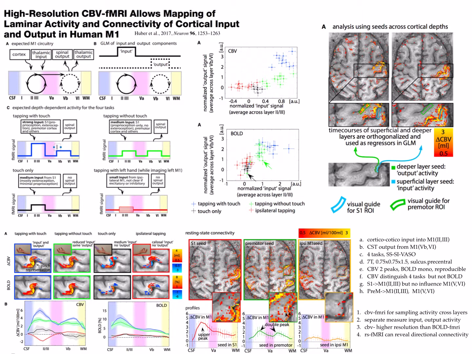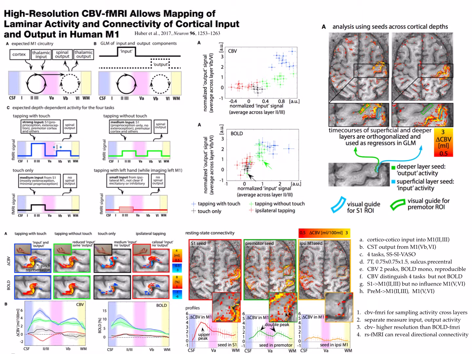So if we put a seed in the deeper region, you will see other voxels in M1 co-fluctuate with the seed. At the same time, the premotor voxels can also fluctuate with this seed.